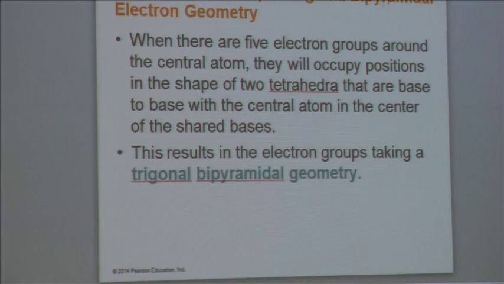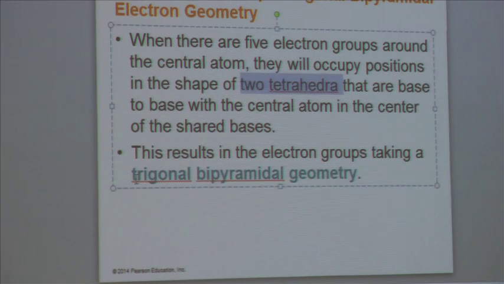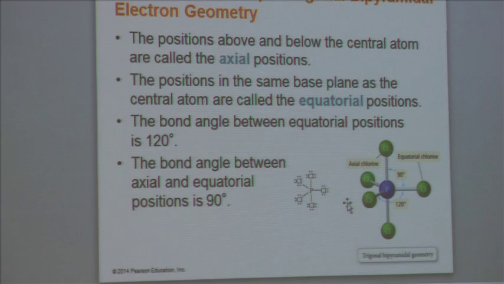Then we have the trigonal bipyramidal geometry, and there are 5 electron groups around the central atom, with 2 tetrahedra that are at the base. So we say trigonal bipyramidal, and this is how it looks.